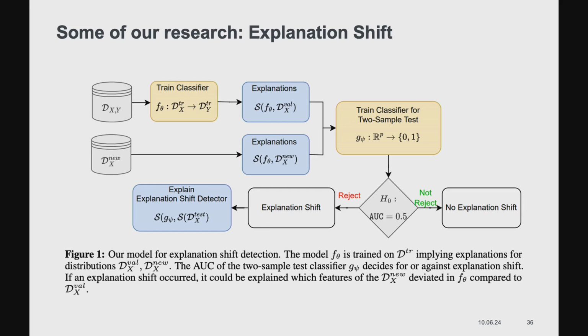So assuming that you train a classifier, that's your model, you then look for new data, how the Shapley values are distributed for a new data set that you have not seen before. And you compare these Shapley value distributions against Shapley value distributions from the data on which you have trained.